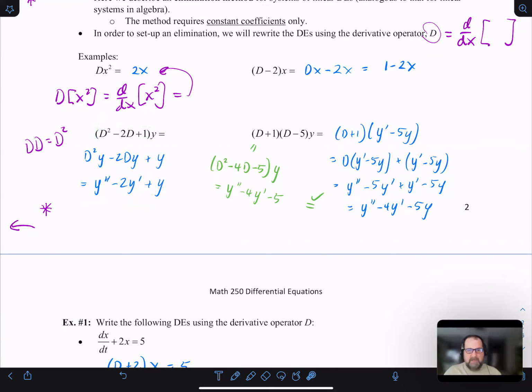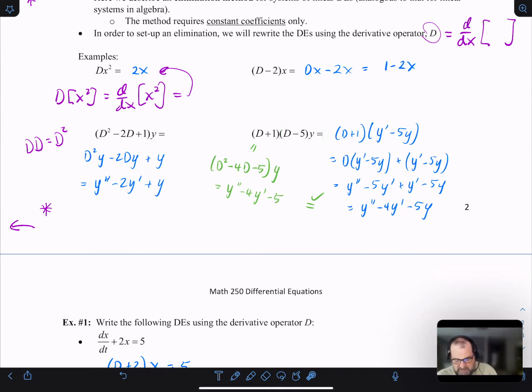All right, this next one is a bit more interesting. There's a couple of choices here, yes. So what is (D plus 1)(D minus 5) acting on y? Well, one way to do this is just to do it in stages, right? Do this guy first, and then apply the D plus 1. So that's what I'm doing here.